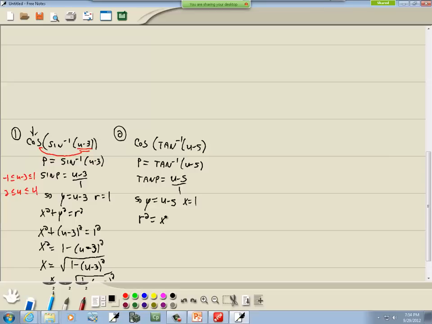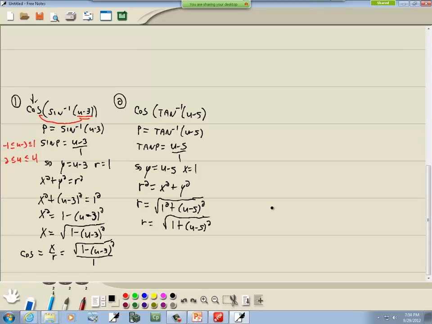r squared is equal to x squared plus y squared. So r is going to equal the square root of 1 squared plus u minus 5 squared. So r is equal to the square root of 1 plus u minus 5 squared. Okay, we're trying to find our outer trig function, which is cosine. This one right here.